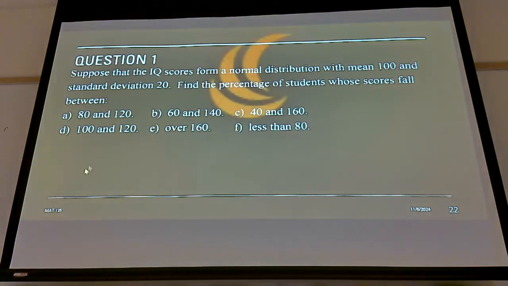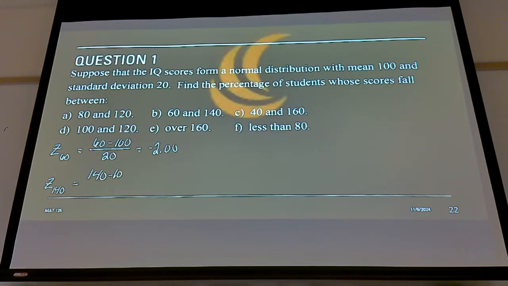Between 60 and 140. Again, we need to convert these to standard units. That is negative 2.00, right? And 140 minus mean divided by standard deviation is 2.00.